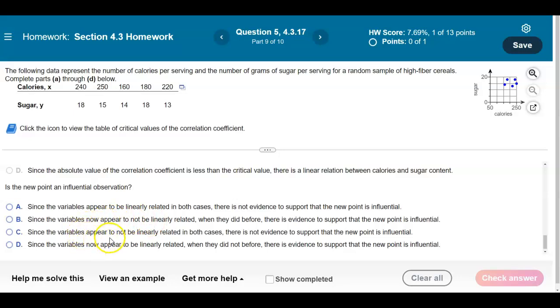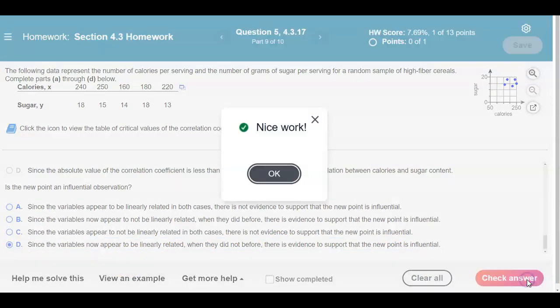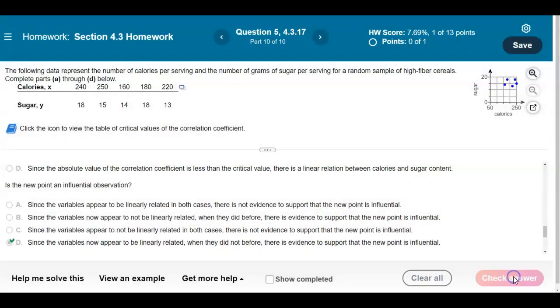It says, since the variables appear to not be linear related in both cases, that's not true. It says, since the variables now appear to be linear related, which is true, when they did not before, which is true, then there is evidence to support that the new point is influential. So we're going to say D, and there is our result.